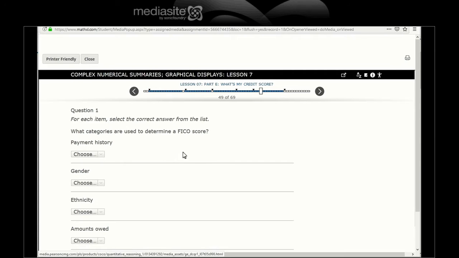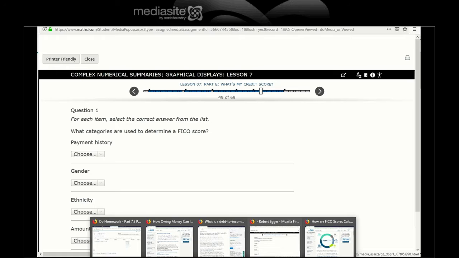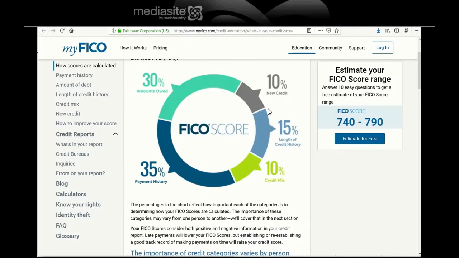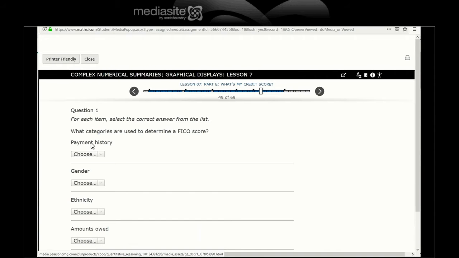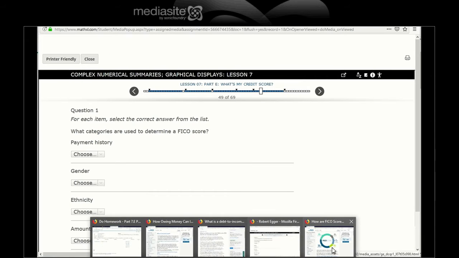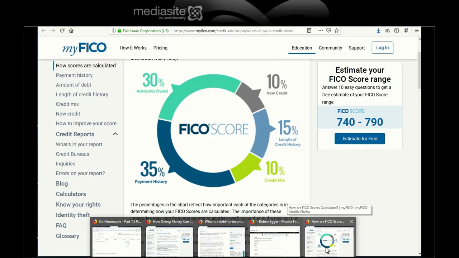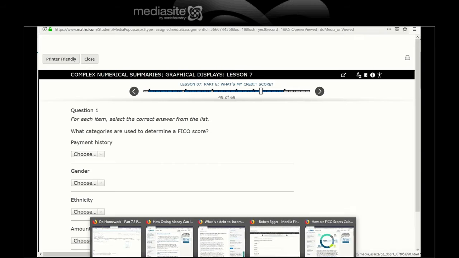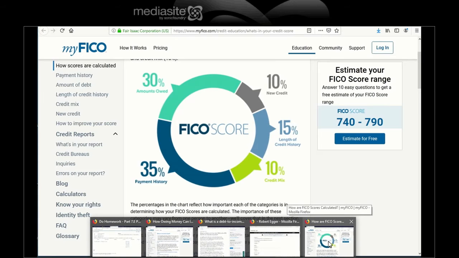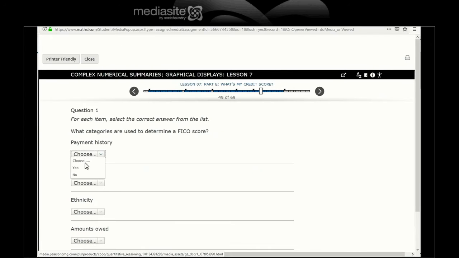Okay, so what categories are used to determine a FICO score? Let's go back to here. Is payment history included? Yes, payment history is in there. So let's go yes, and check.